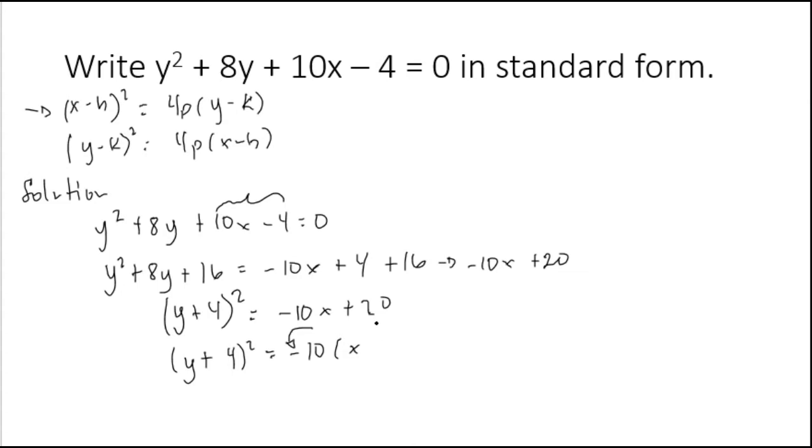Then 20 will become negative 2. So here, the standard form of the equation of the parabola is (y plus 4) squared equal to negative 10 times (x minus 2).